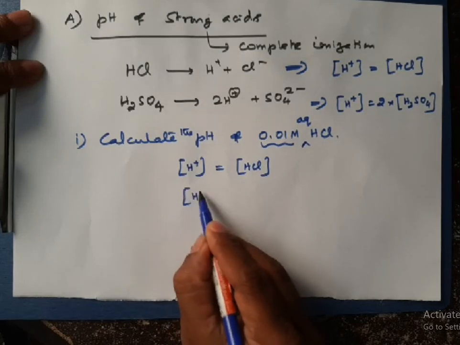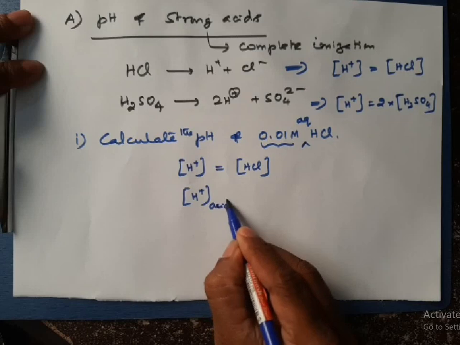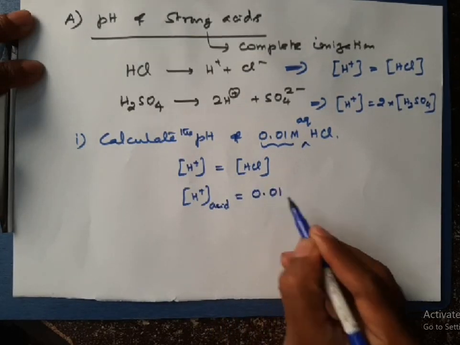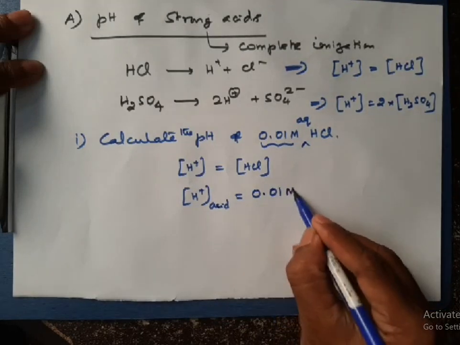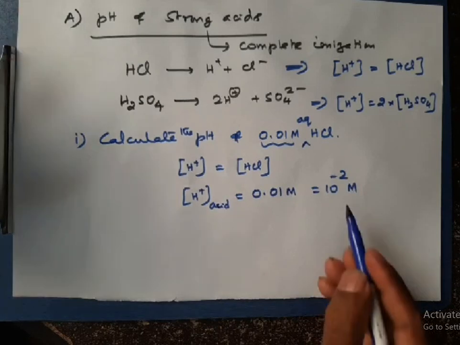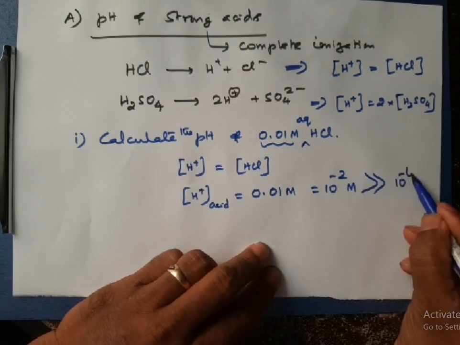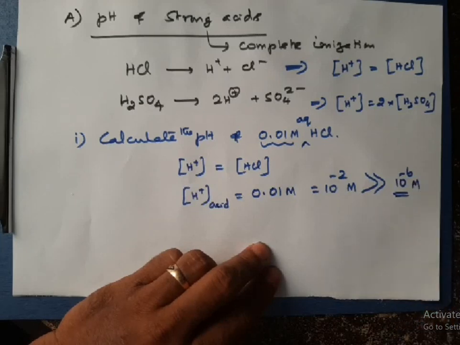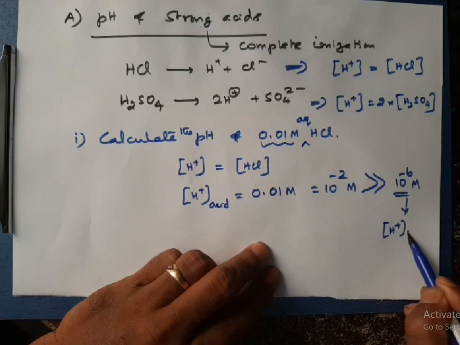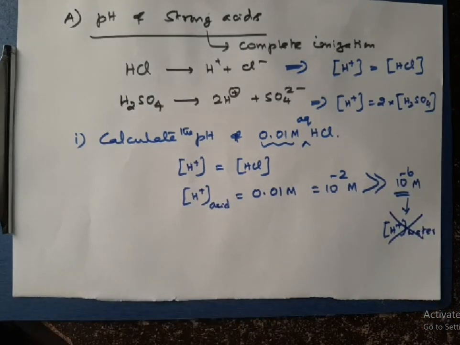Therefore, H plus from acid equals 0.01 molarity, which can also be written as 10 power minus 2 molarity. 10 power minus 2 molarity is very much greater compared to 10 power minus 6. Therefore, you can neglect H plus from water.